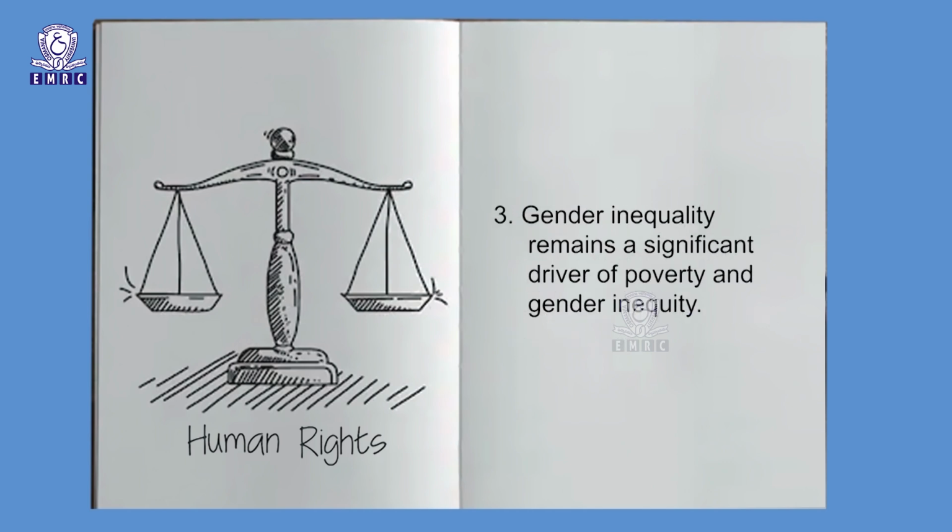Gender inequality remains a significant driver of poverty and gender inequity. Unequal power relations between men and women affect people's ability to fully access resources, services, institutions and power that lead to human development. This applies at both individual and structural levels.